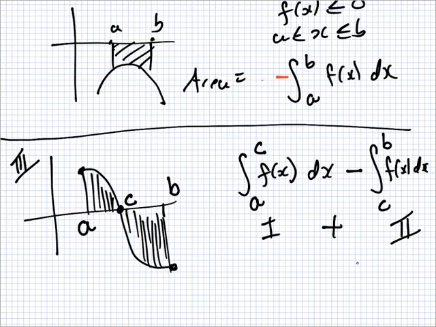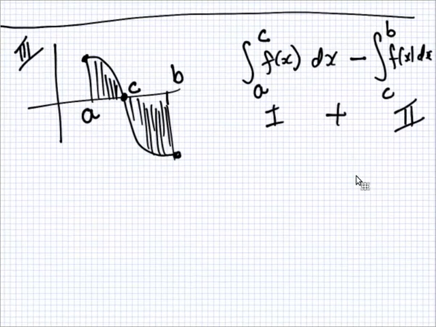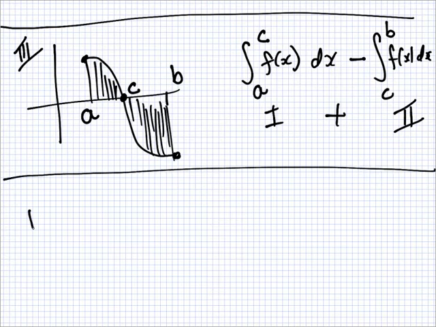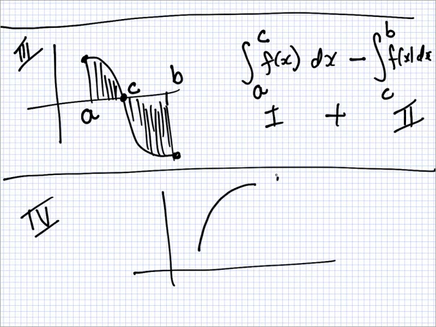And the last situation. So in all the 3 situations above, you've been looking for the area between the curve and the x-axis. So situation 4 is when you have one curve, let's call it f, and another curve underneath it called g, and here is A and here is B, and you want the area between f and g.